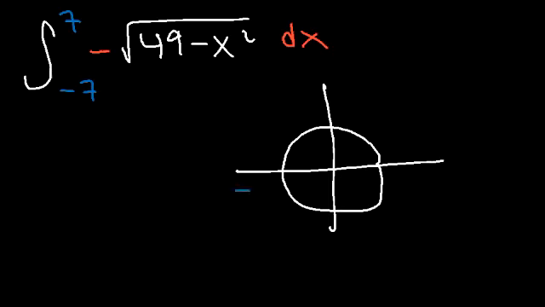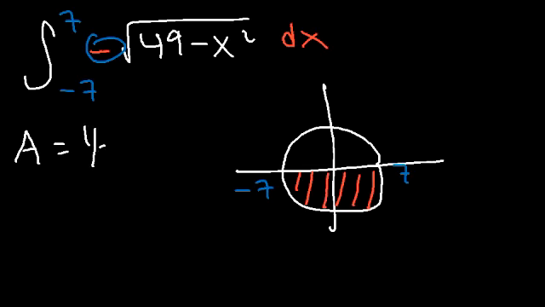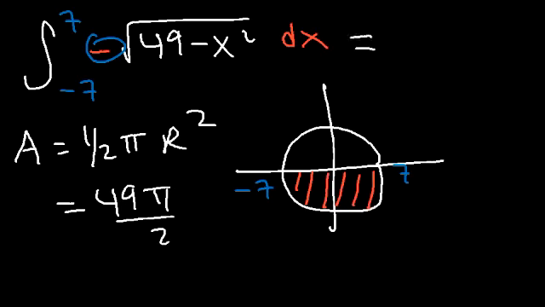So it's going to be from -7 to 7, and it's going to be below the x-axis. So we have a semicircle. So the area is going to be 1/2 pi r squared. r squared is 49, so it's going to be 49 pi over 2. But the value of the integral is negative 49 pi over 2.